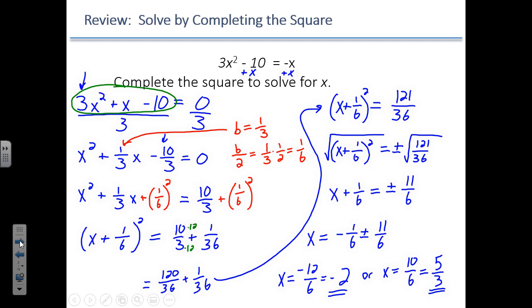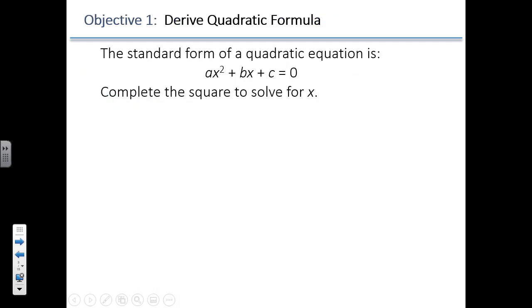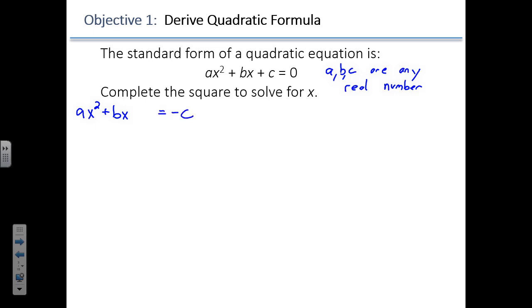Okay, let's steal this idea and let's solve a general quadratic where a, b, and c are any real number. We'll start, of course, with ax squared plus bx, but now let's subtract c from both sides to open up the space we need.